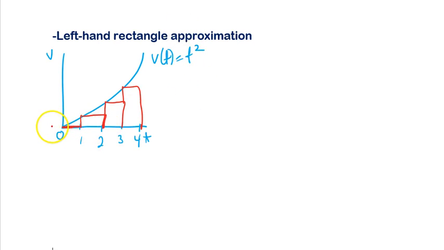Again, the first one is flat, so its y value is 0. The second one, the height comes from the 1, so 1 squared would be 1. The next one, the height comes from the 2, 2 squared would be 4, and then the last one, 3 squared, is 9. So if I'm doing a left-hand sum, my first one would be 1 times 0.